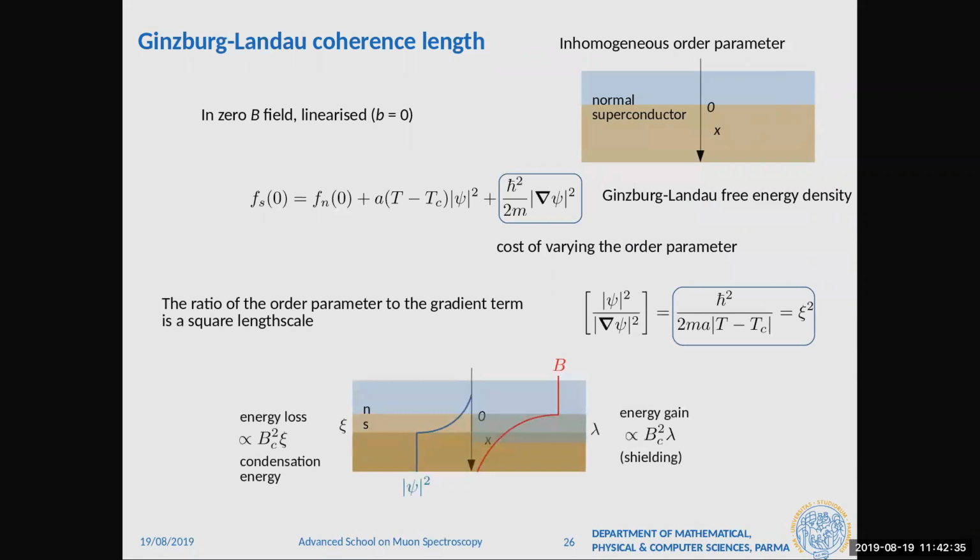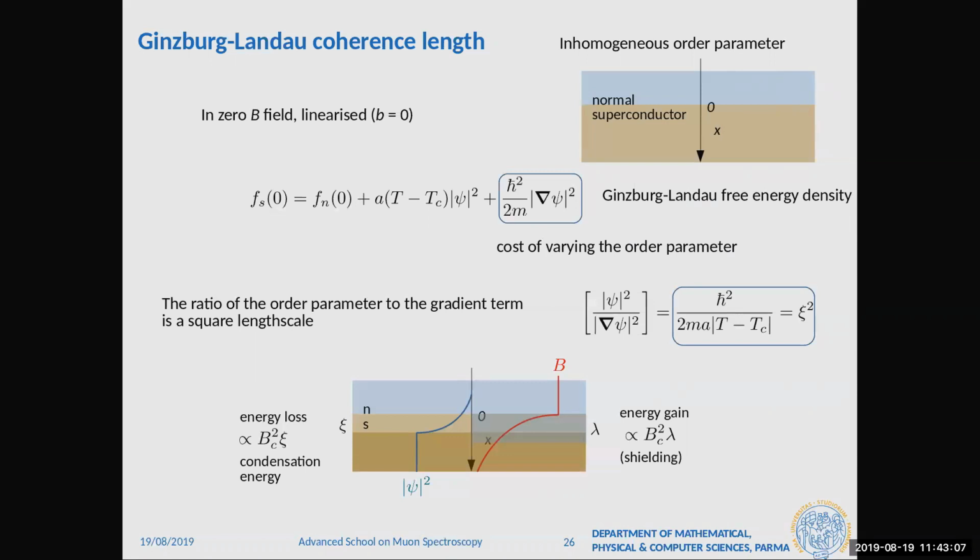You take a ratio of, say, this to that energy. And that is made out of a ratio of the order parameter squared over the gradient. And this has the dimension of a length squared, right? Because there's 1 over length squared here in the denominator. And the reverse, the constants in front of these terms are like this.